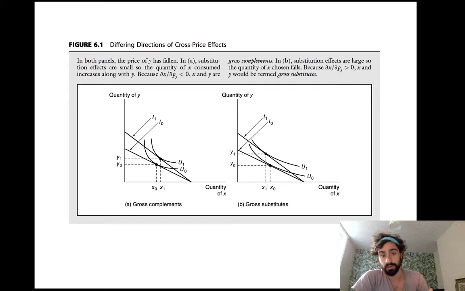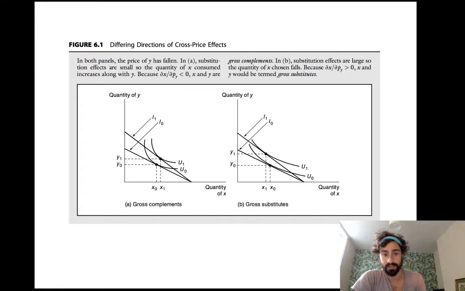And that's sort of intuitive because the price of Y has decreased, and so I'm going to increase my consumption of Y. That's not guaranteed, of course, with given goods, but most of the time we're going to see a price drop in Y, an increase in consumption of Y. So the price of Y falls, the consumption of Y increases. All that's good. We've already analyzed that in the last lectures.